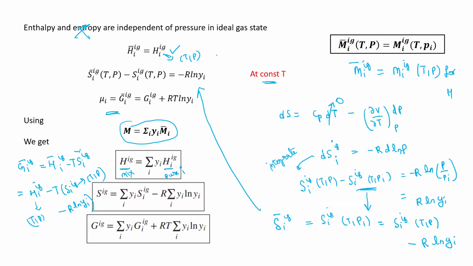So that we are expressing in terms of M_i, which is the pure thing. So we know the values of pure species, and when it is in a mixture, what will be the overall property of the mixture that we want to know.